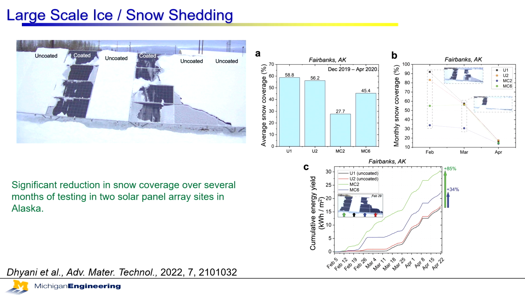And so what we showed was over a period of 6 months in Fairbanks, Alaska, you could significantly reduce the snow accretion on the surface. The surfaces could shed ice and snow automatically, and so you could produce much more energy during the winter relative to the baseline.